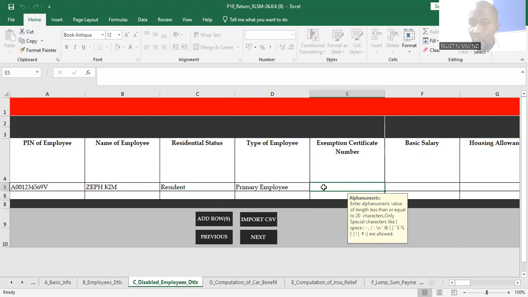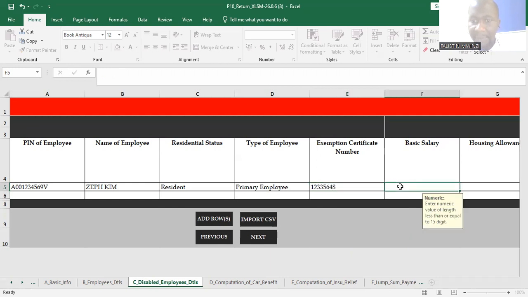They assess you and they actually declare you to be a person with disability. They'll give you a certificate and will go ahead and process with KRA your exemption so that you get exemption. Exemption of what? Let us just enter the number, exemption certificate number.